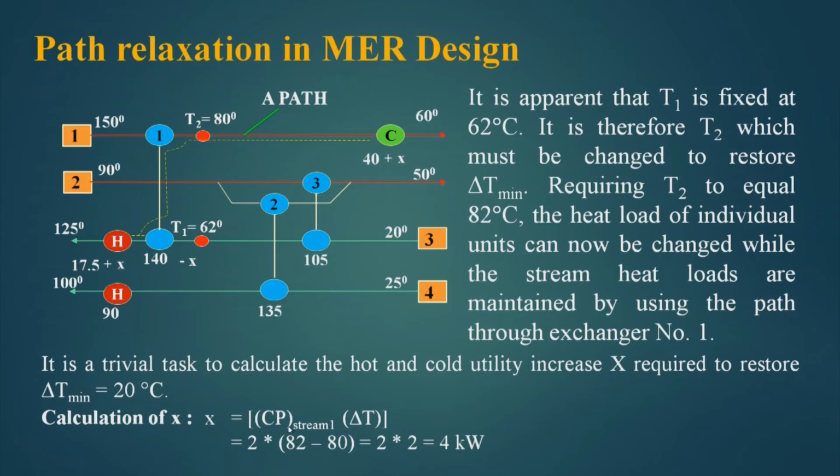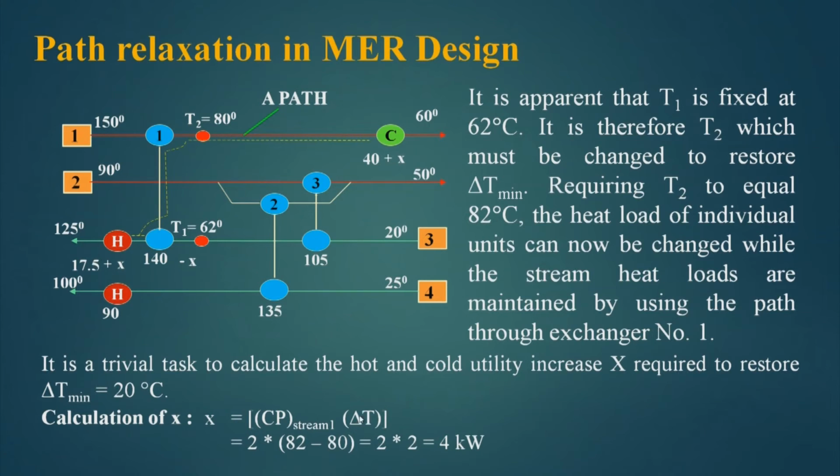then x is equal to Cp of the stream 1 into delta T. This is 2 degree, because this delta T is not between these two. I want this temperature 82, now it is 80. So, 82 minus 80 is equal to 2.